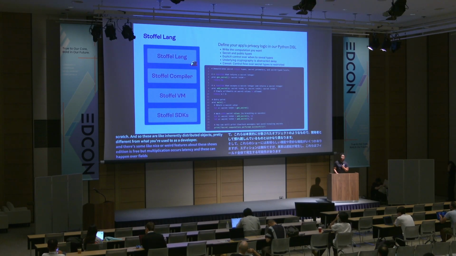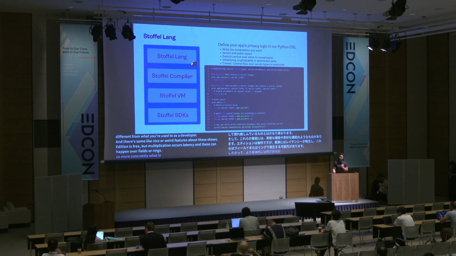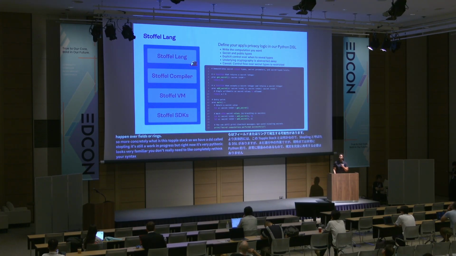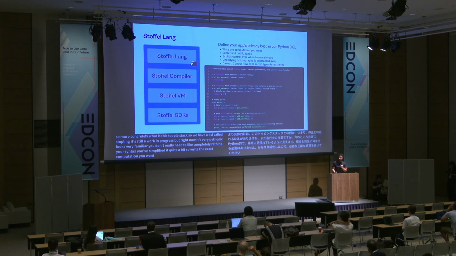So more concretely, what is the Stoffel stack? We have a DSL called Stoffeling. It's still a work in progress, but right now it's very Pythonic. It looks very familiar. You don't really need to completely rethink your syntax. We've simplified it quite a bit. So write the exact computation you want to distribute, to have running in an MPC network.